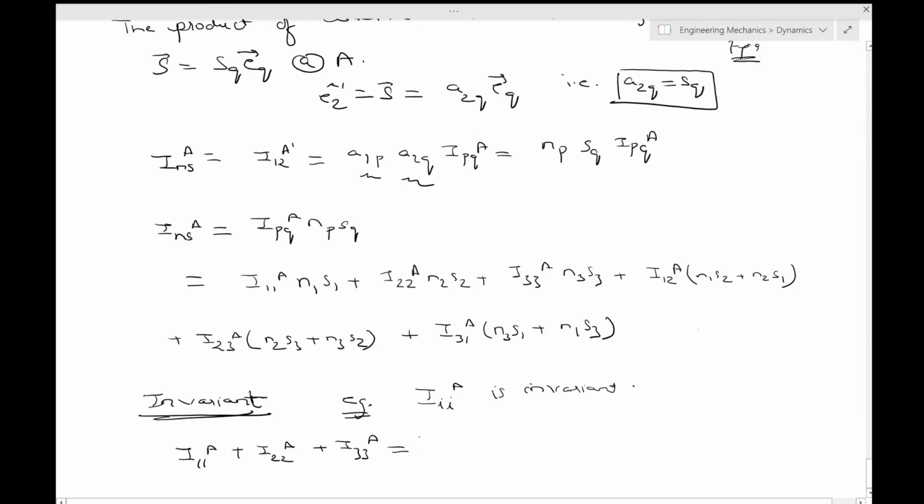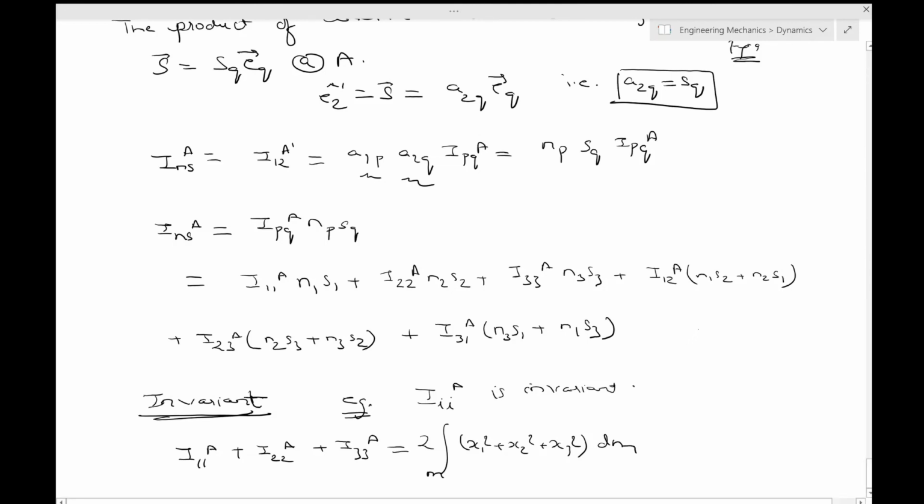This value is equal to, say, 2 times, if you can check the expressions written in red, they were in equation 3.5. You will write what I11 is, that is the integral of x1 square plus x2 square plus x3 square dm. Okay, and you have to find what I22 is and then I33 is.